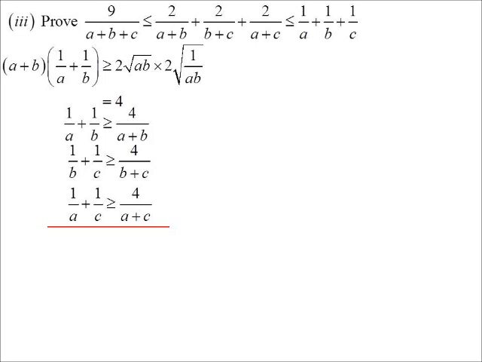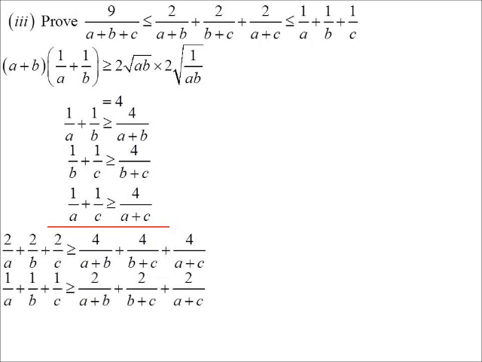So if I add them all together, I get 2 on a plus 2 on b plus 2 on c, and you can hopefully notice now that if I divide everything by 2, I've got the right-hand side that I'm looking for. So I've got 1 on a plus 1 on b plus 1 on c is greater than or equal to 2 on a plus b, 2 on b plus c, 2 on a plus c.